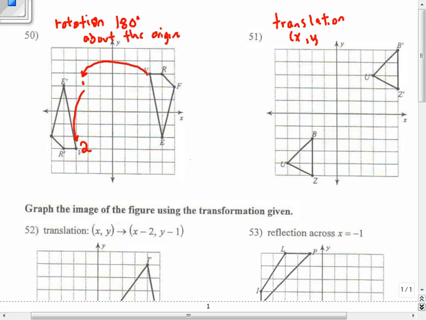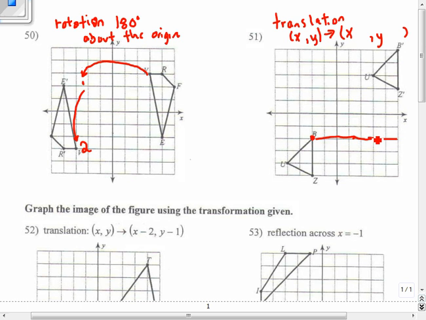I'm going to do arrow notation here. So what did we do to our x's? So pick one of your vertices. What did you do? Left, right, what'd you do?